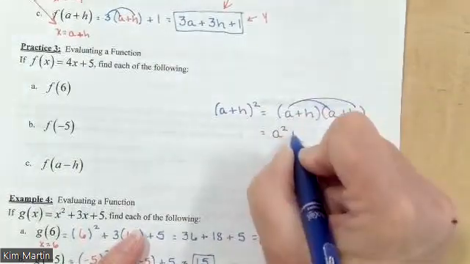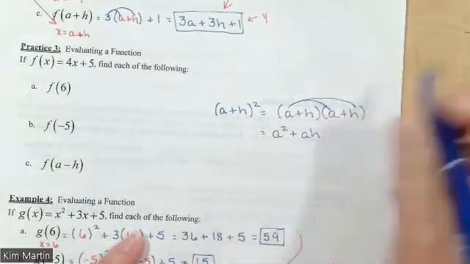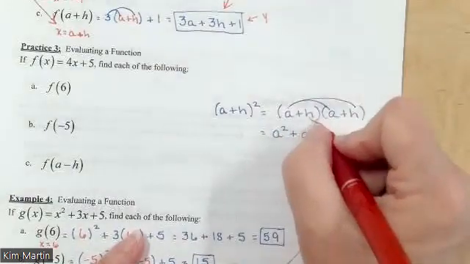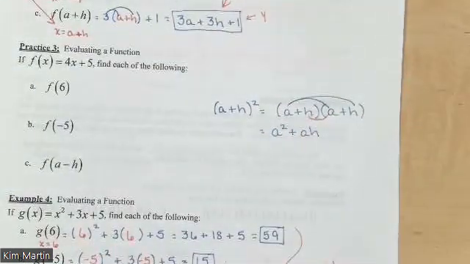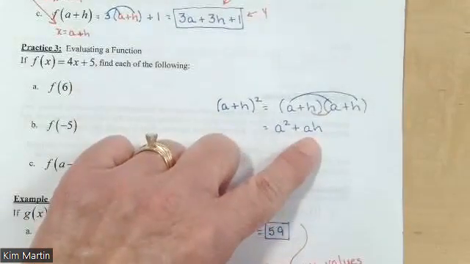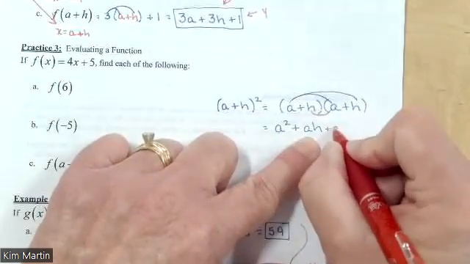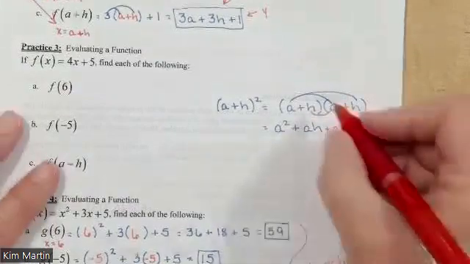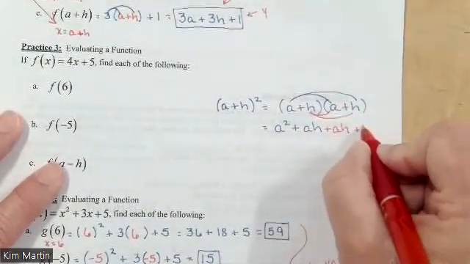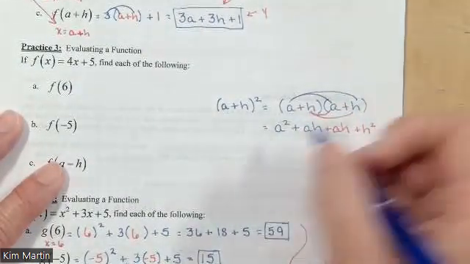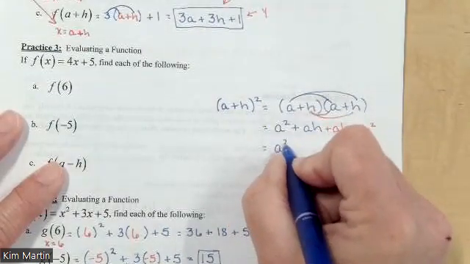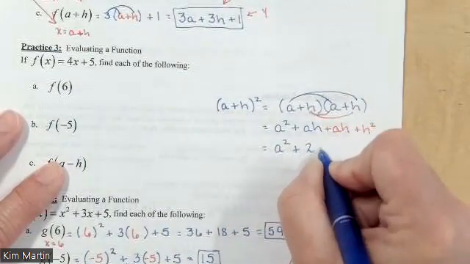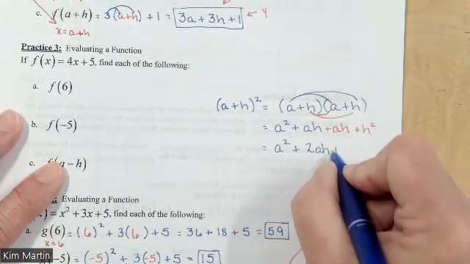A times H is AH. When you say H times A, you can write it as HA, but I'm going to write it as AH because I want it to look like this. You just need to know it's the same thing. And then H times H is H squared. So we have A squared plus 2AH plus H squared.